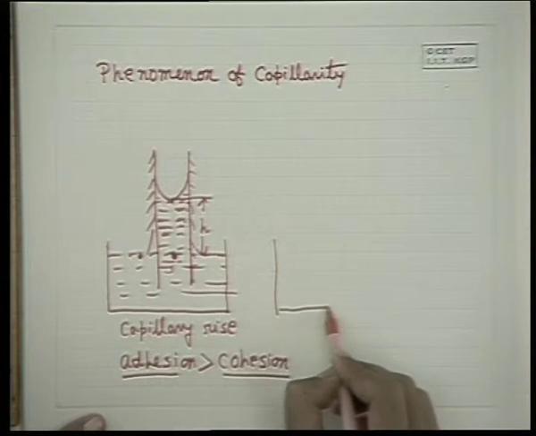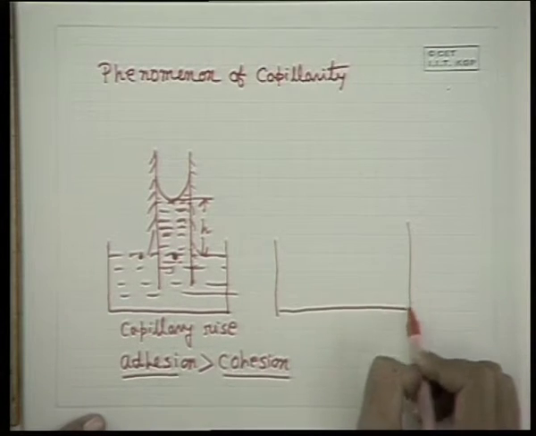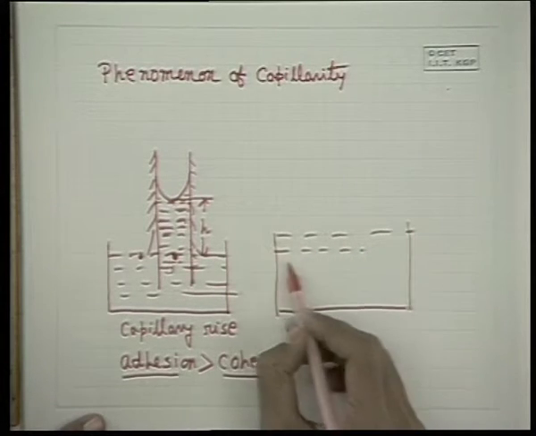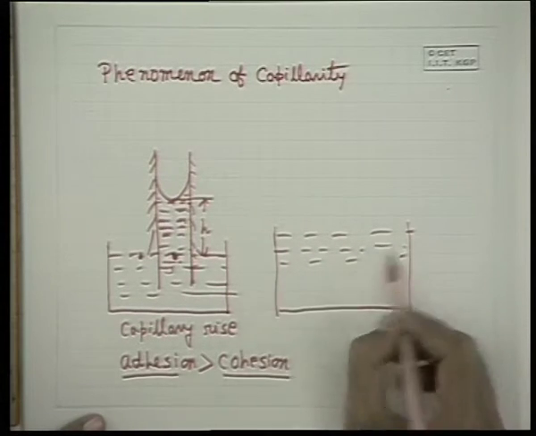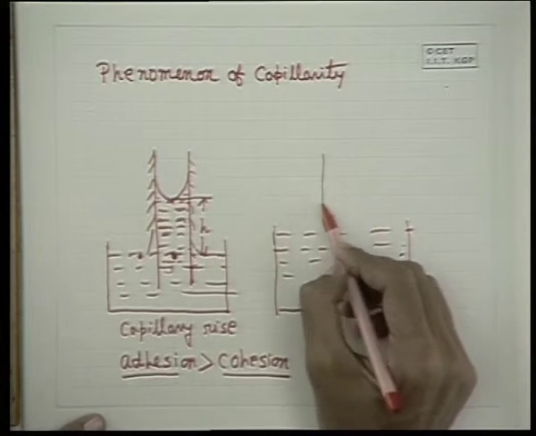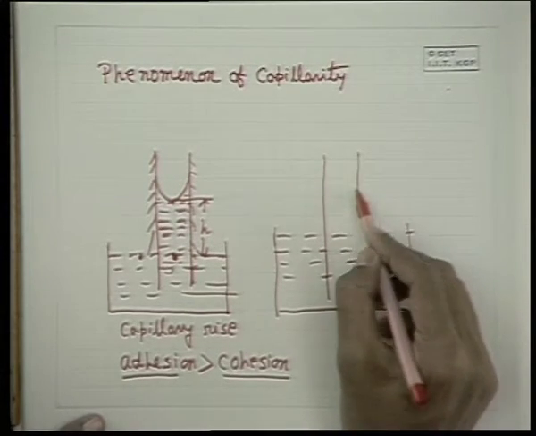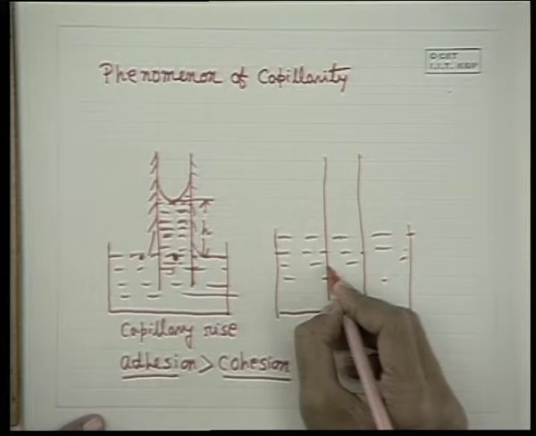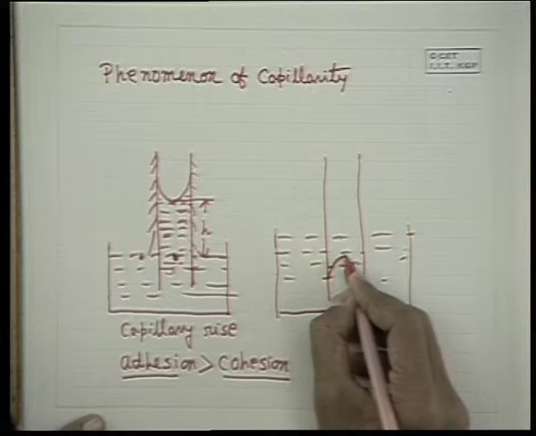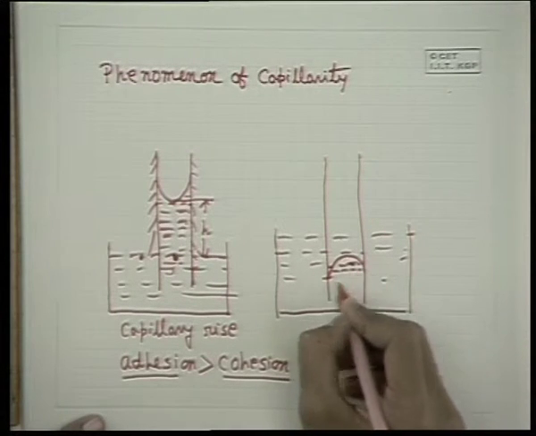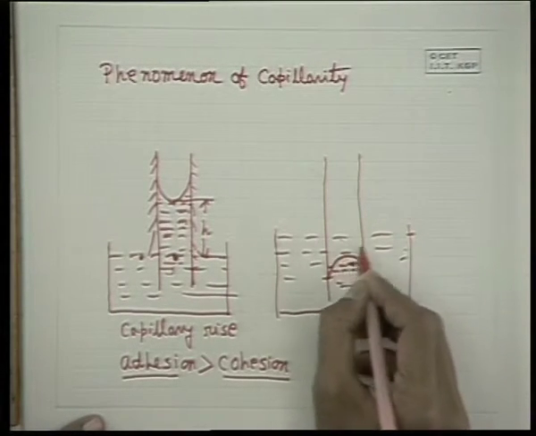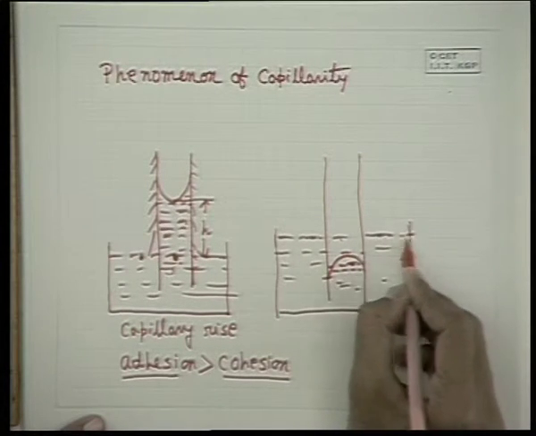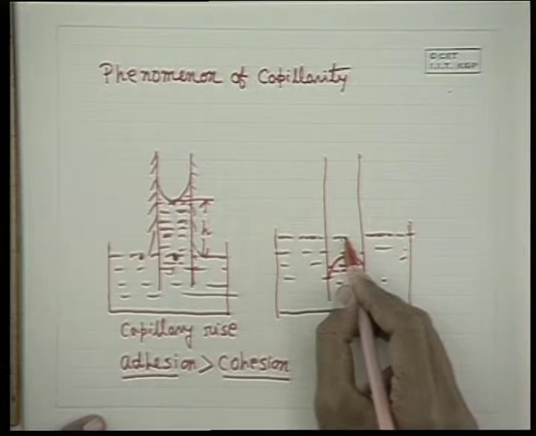It is found in some other cases, for example mercury in a glass tube. If you have mercury in a trough and put a tube like that, you will see the mercury will not come up here. The mercury interface will go like that, so in this space there is no mercury. The mercury level in the container is up to this, but mercury will not come up to this.